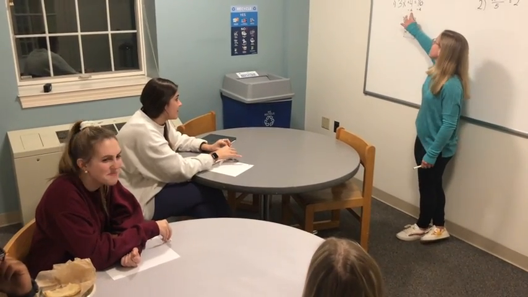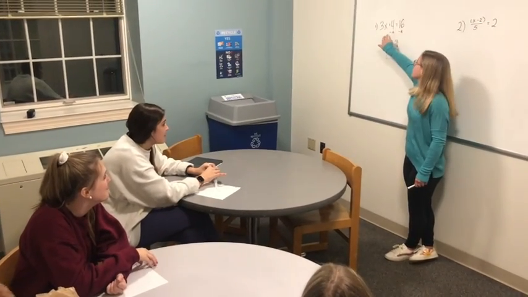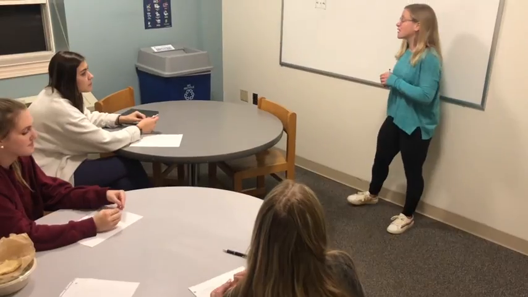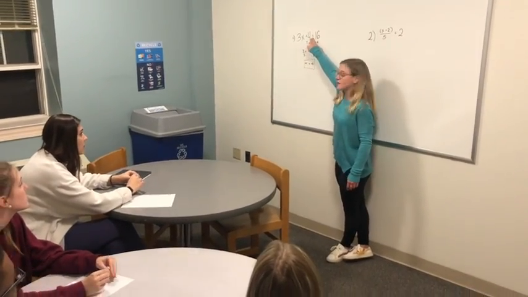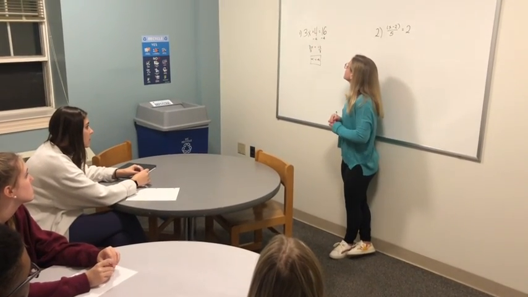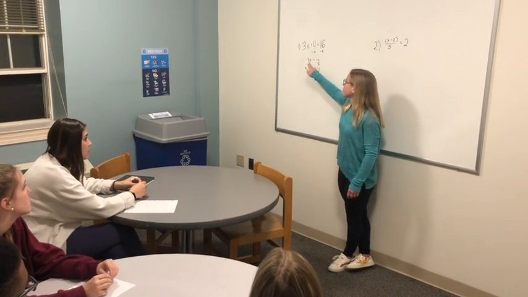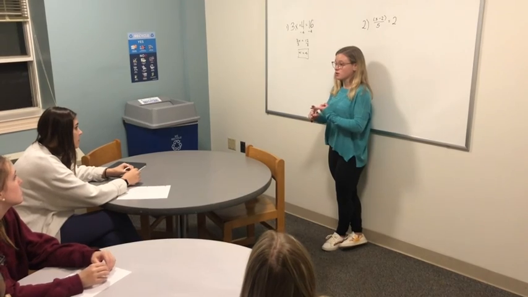So what we're doing here is, since we're adding 4, we're gonna do the opposite and add a -4. We know that we have to add the opposite on both sides of the equation because we have an equal sign here, right? So we know that what we do on one side of the equation, we have to do on the other. So then we're left with 3x equals 12, right? And then again, we ask ourselves, what is the goal?